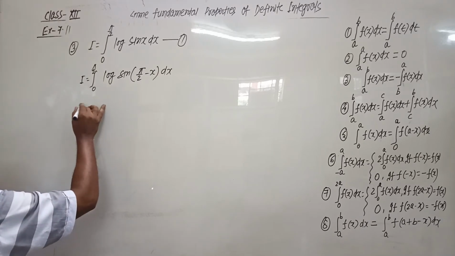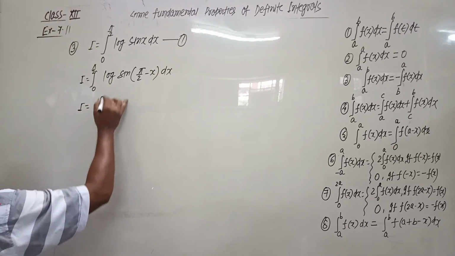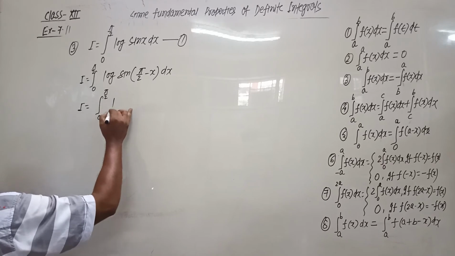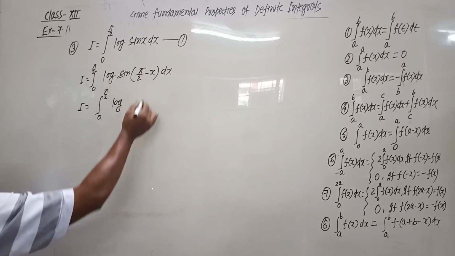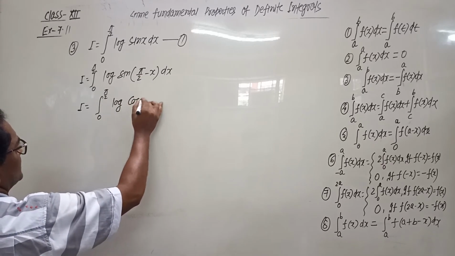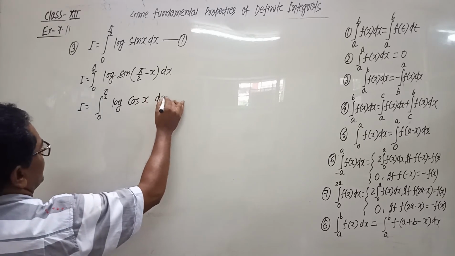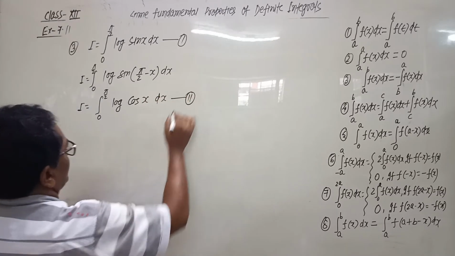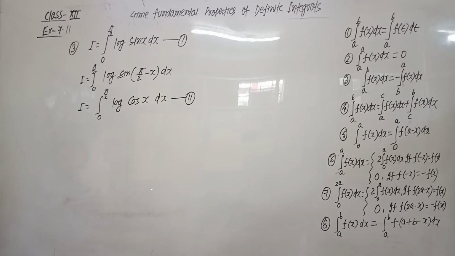So it becomes I equals to integration limit 0 to pi by 2 log sin 90 minus theta. It becomes cos theta. So cos x dx. This is second number equation.